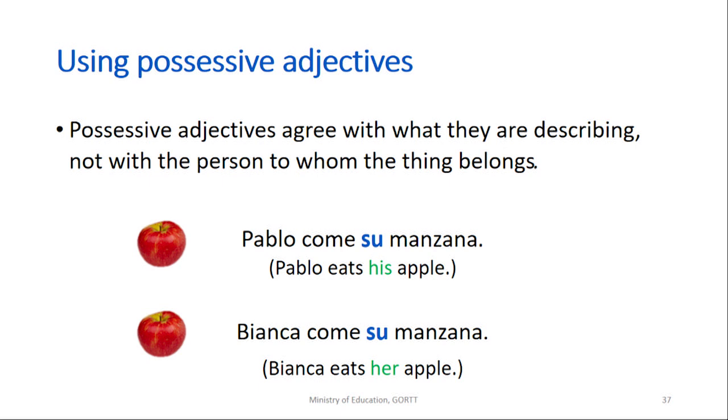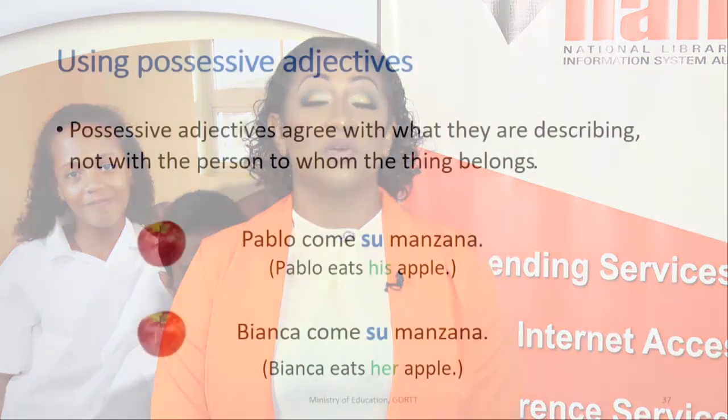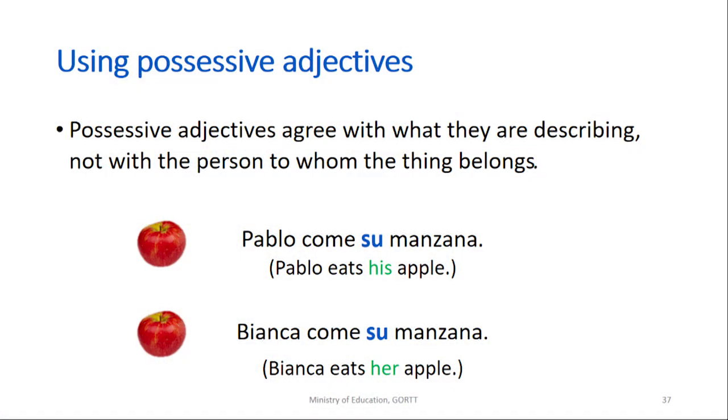Now, possessive adjectives agree with what they are describing, not with the person to whom the things belong. So, if Pablo eats his apple, we say Pablo come su manzana. If Bianca eats her apple, we say Bianca come su manzana. Notice, it doesn't matter who the apple belongs to, we still use su, since in both scenarios we are referring to a singular noun.